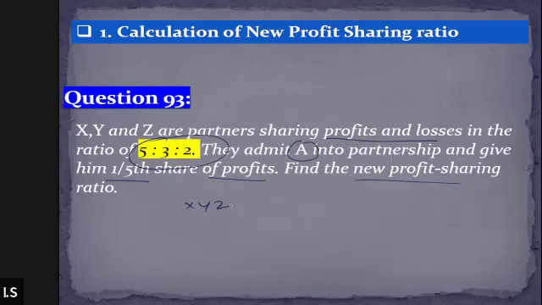There are three partners X, Y, and Z. Their profit sharing ratio is 5:3:2, and they are now admitting Mr. A, and A is coming for how much share? He will be sharing a 1/5 share of the profit. We need to find out the new profit sharing ratio in this question.